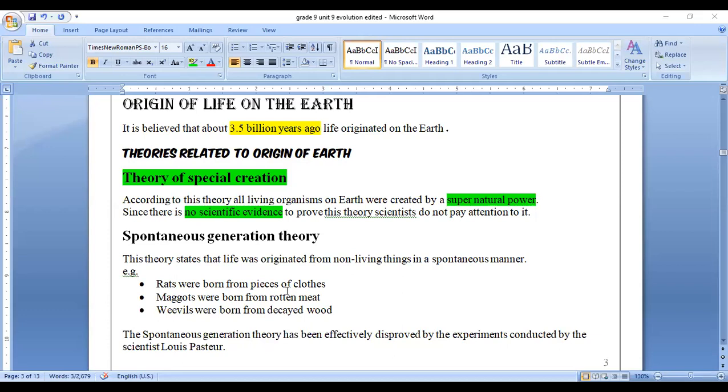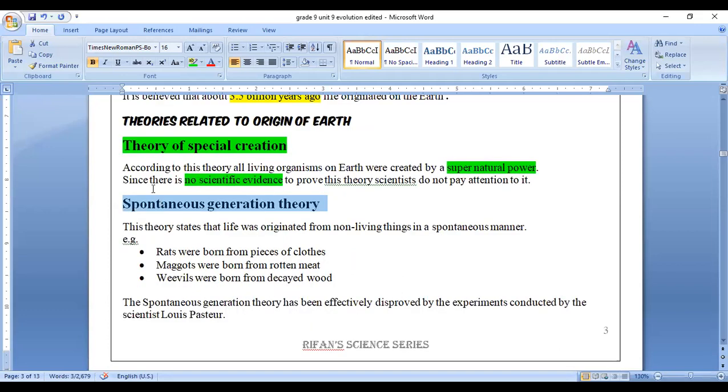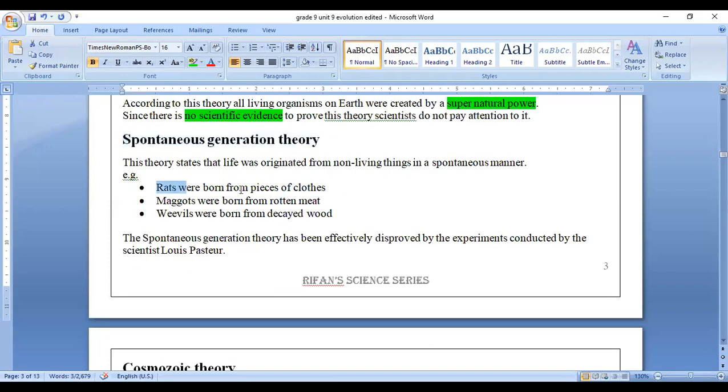According to the syllabus, what are the examples? Rats were born from a piece of cloth. Maggots were born from rotten meat. Weevils were born from decayed wood.